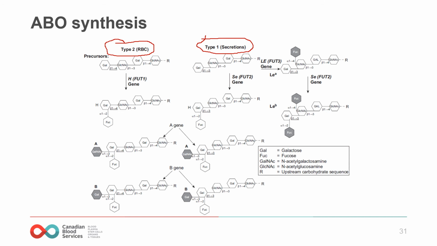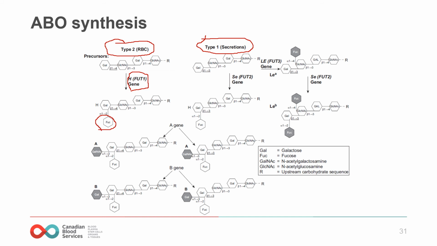So it's a GalNAc followed by a GlcNAc, Gal. So the galactose is really the final piece that's built on, and from that we add a fucose. This fucose, which is done by the FUT1 gene here, adds this sugar. This is what makes a group O.